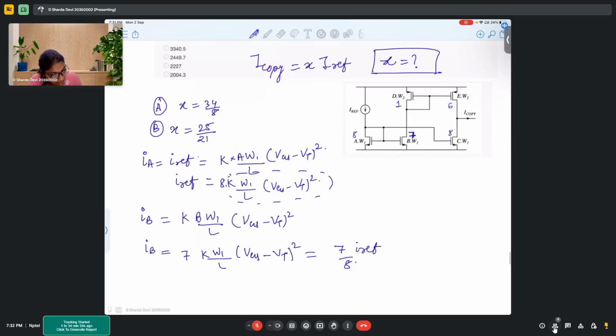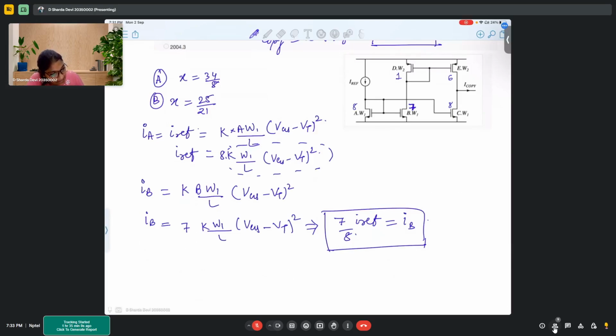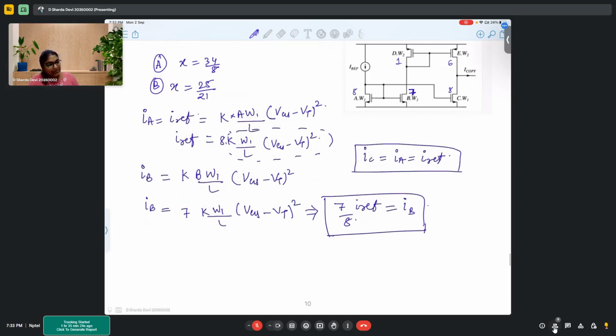So IB you got as 7 by 8 IREF. Now if we see IC, IC is equal to IA equal to IREF. Why? Because the factor of 8 as well as your VGS is the same. So IC is equal to IA equal to IREF.